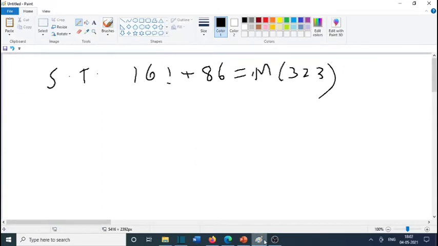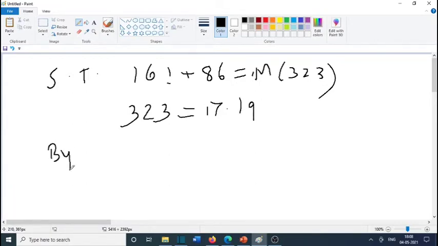Next problem is, show that 16 factorial plus 86 is a multiple of 323. So here, first note that 323 is equal to 17 into 19.